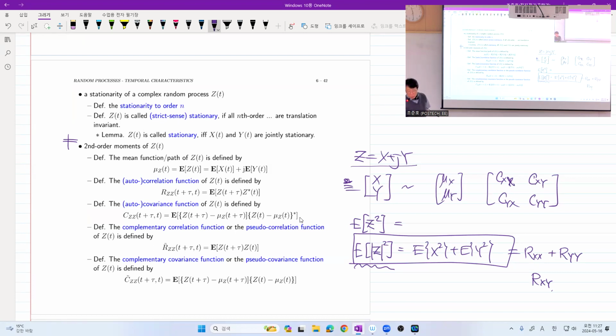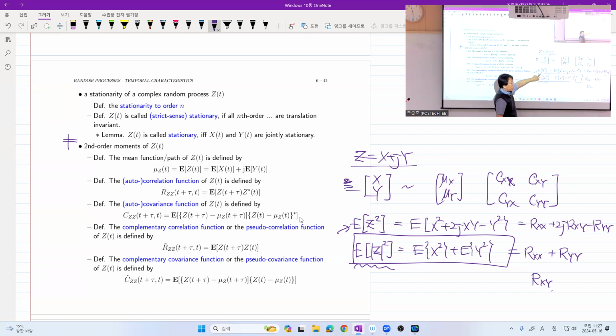Now let's see the upper one. What do we have? Since z squared is x squared plus 2jxy minus y squared, we have Rxx plus 2j Rxy minus Ryy. One good thing is, suppose that you are given two numbers represented in this way. This is a real number, and that is in general a complex valued number.